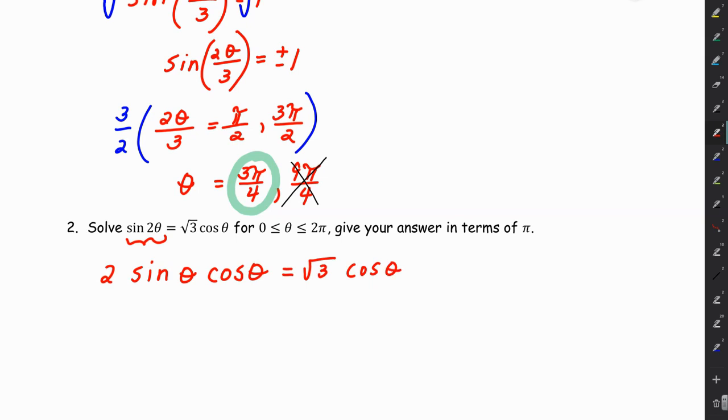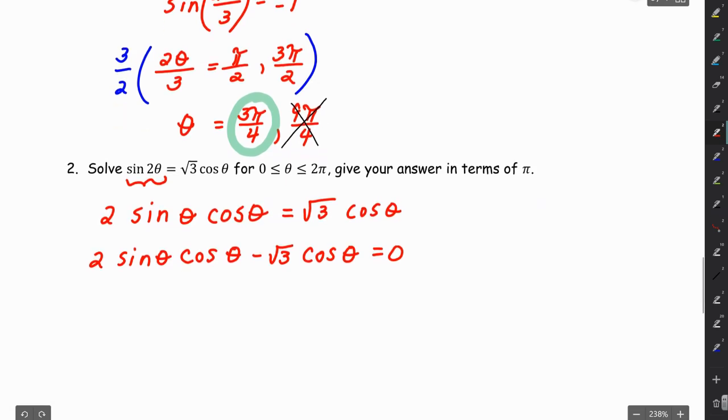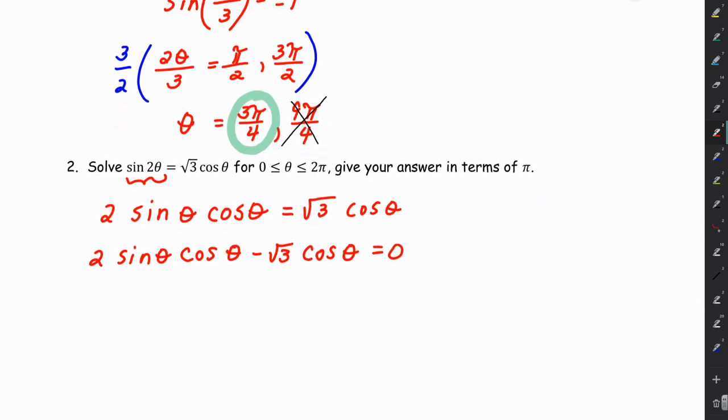I'm going to move everything over so that I have 0 on one side. So I'm going to subtract √3 cosine theta from both sides. And then I can pull a cosine theta out of this binomial that I have on the left side. So if I pull a cosine theta out, I'm going to get 2 sine theta minus √3.